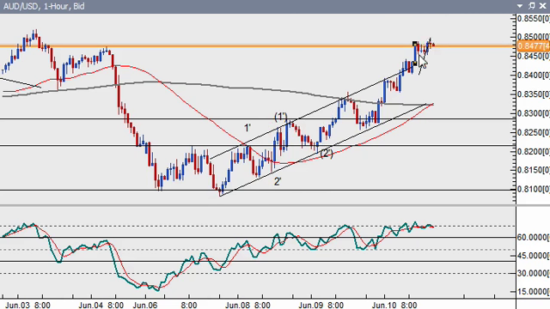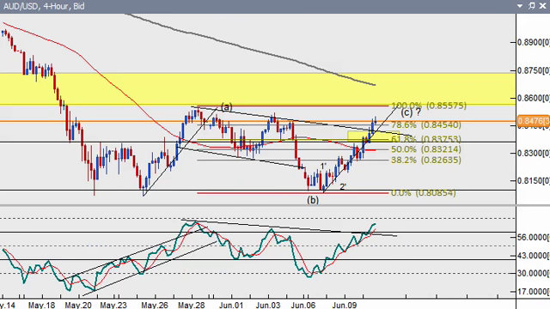The correction in the fourth wave, I would expect it to be more complex than these sort of just one wave corrections. Okay, so maybe the top right now is the end to our wave 3, and there may be some kind of wave 4, and then another wave 5 to get us to here, 0.8550 area. Okay, so that's the Aussie dollar.